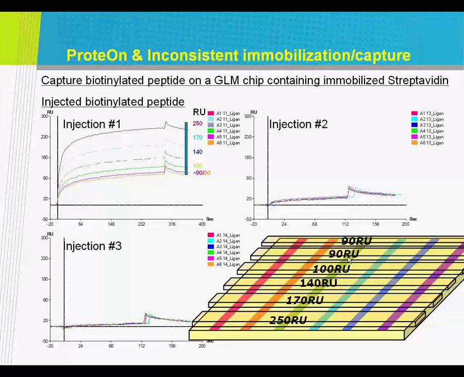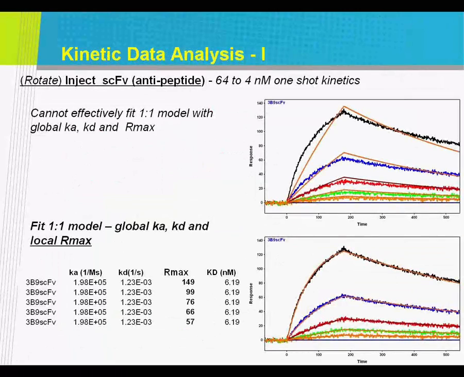Nevertheless, the fit is quite good. It's not strictly speaking ideal if you do it this way, because there could be other reasons why you're not getting a good fit. But because you know that your Rmax isn't the same, it's fair enough to constrain only 2 parameters and leave the third parameter local, and therefore you can be fairly confident that your measured Ka and Kd are accurate.